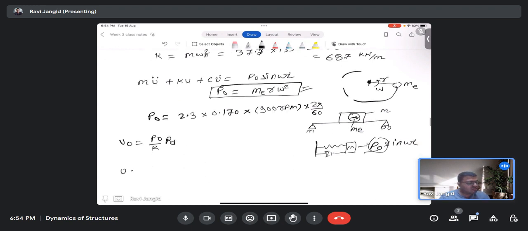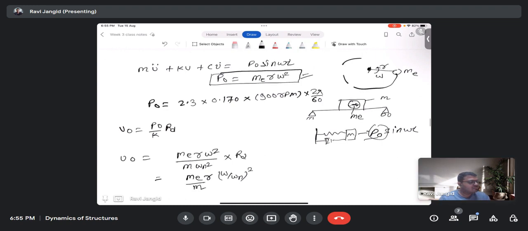So u naught is me into r into omega square by k, which I will write as me into r by m, into omega by omega n square, into rd.